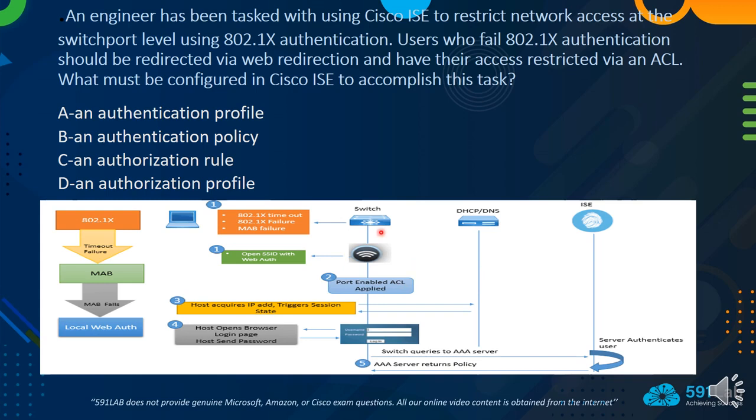The web access list redirection will occur and be configured via this switch, and ISE will send this portal, called the web portal, to receive a username and password. So let's see the options that accomplish this task.